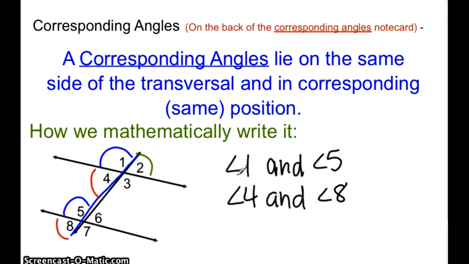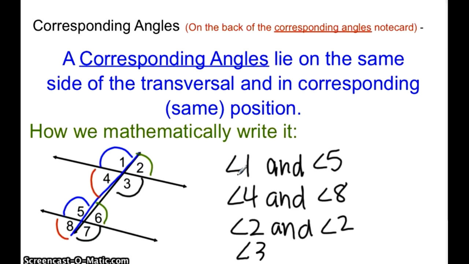Angles 2 and 6. So notice that these are all in the same spot, angles 3 and 7, and they are on the same side of the transversal, or the line that's going through the middle. So this is angle 7.